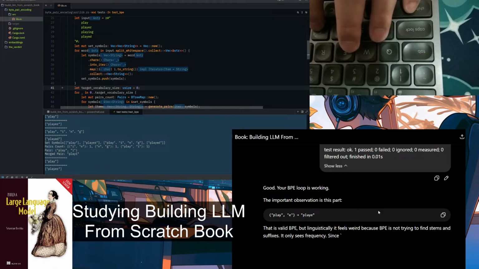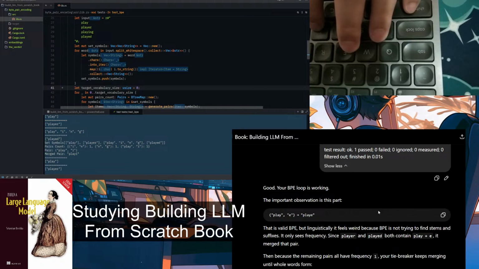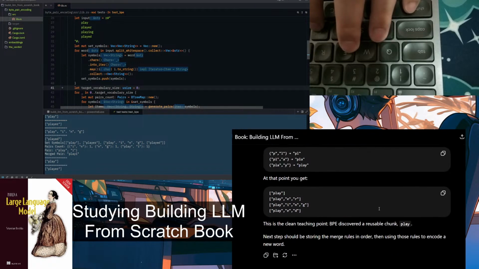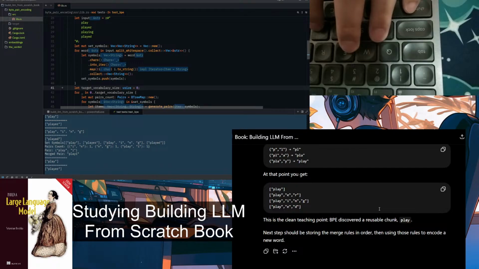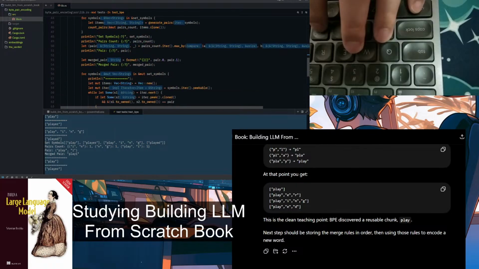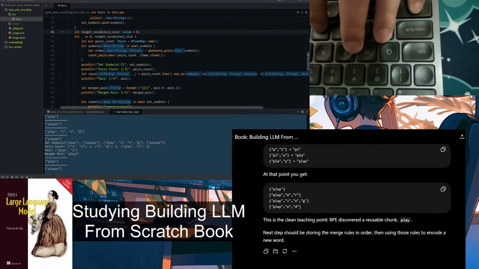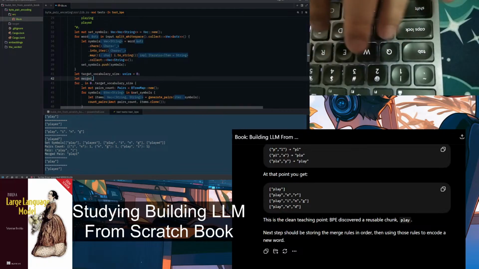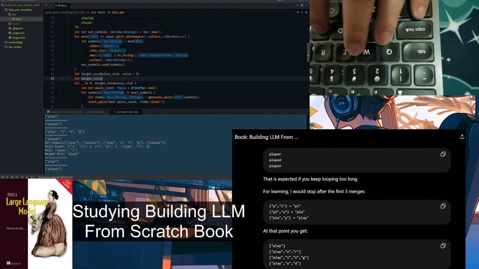Because if I overdid the looping or merge rules in order. Okay, so the final word is the merge. Okay, so let's see. Merge rules, by the way.